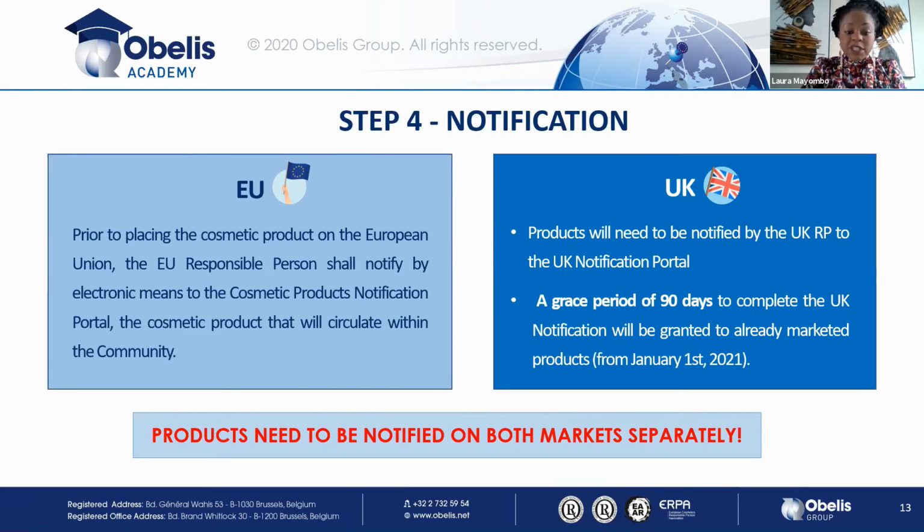So in conclusion, products need to be notified on both markets separately. Each one needs to have the EU and the UK RP. Each one needs to have a proper PIF, and each one needs to be notified in both countries or markets separately.